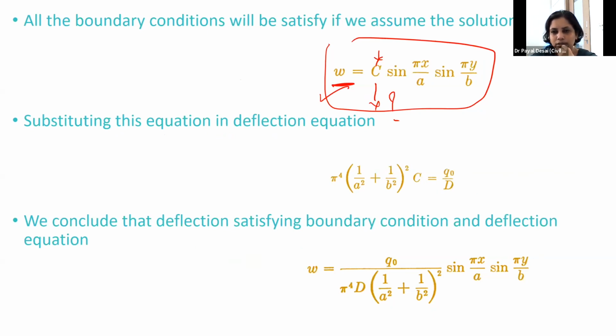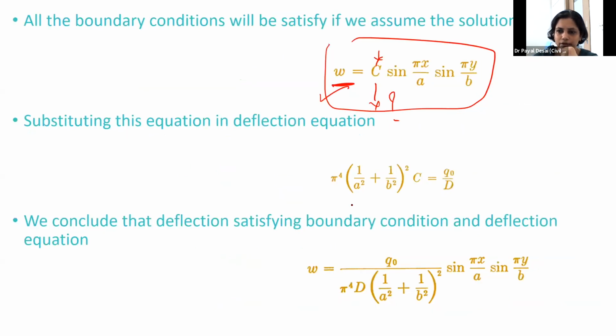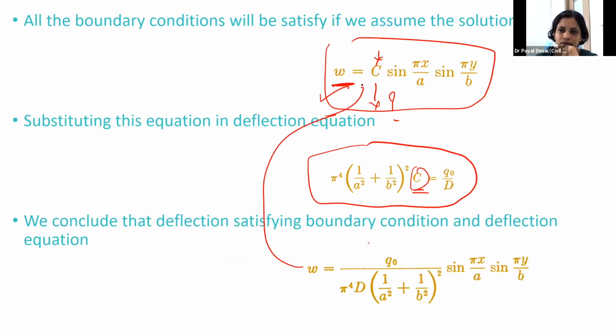So I can use this displacement function, replace it in the fourth order differential equation, and finally you get this. Once I am able to find the constant, I can replace it into the originally assumed displacement function.